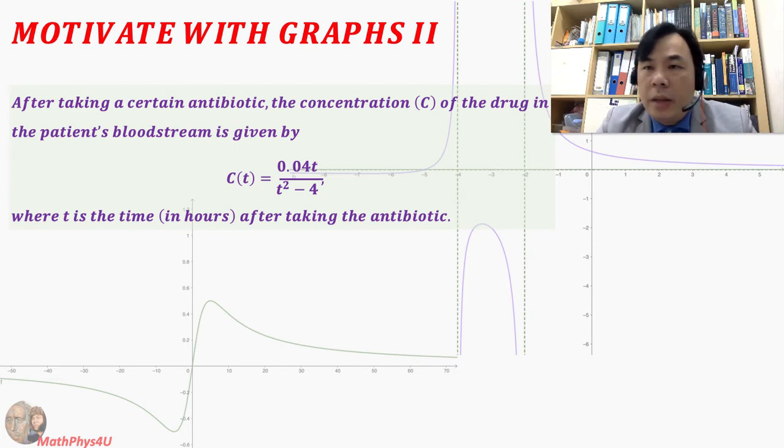After taking a certain antibiotic, the concentration of this antibiotic in the patient's bloodstream is provided by this mathematical model, C(t), where C stands for the concentration and t is the time since the drug has entered into the bloodstream. All right. So we're going to look at how this graph looks as compared to the previous graphs that we have sketched so far. Now again, I would like to walk you back to the guidelines.